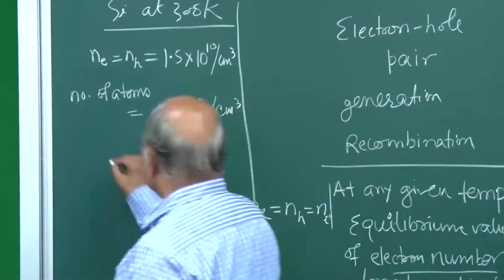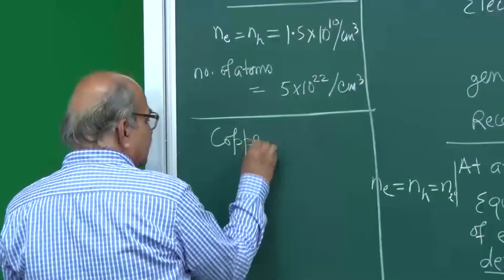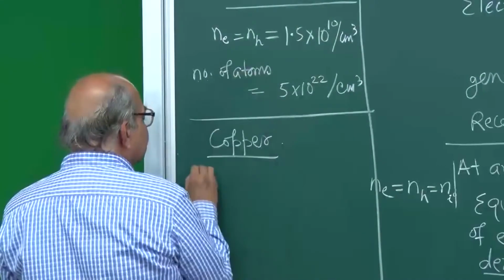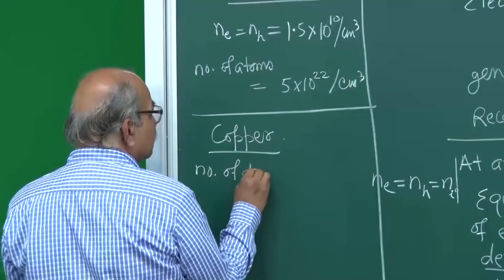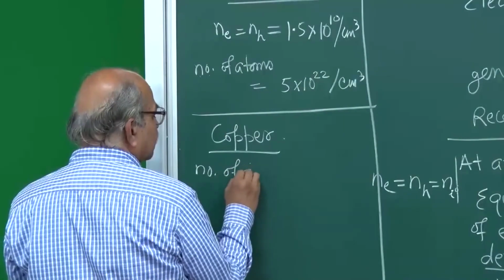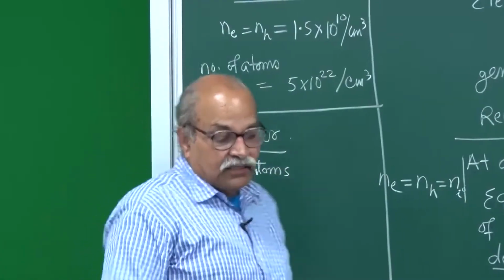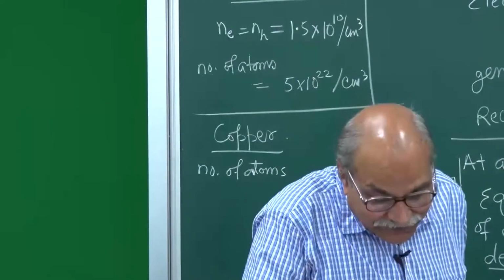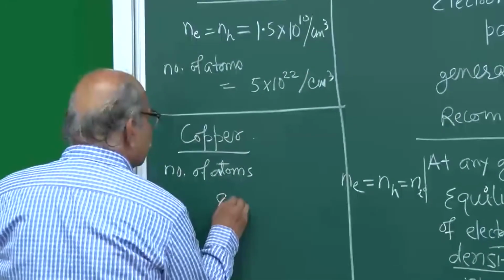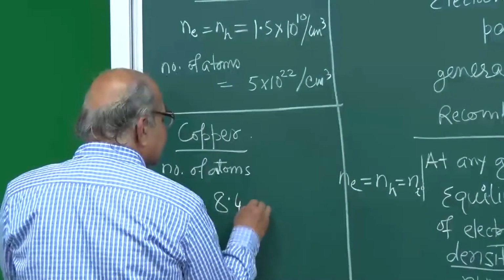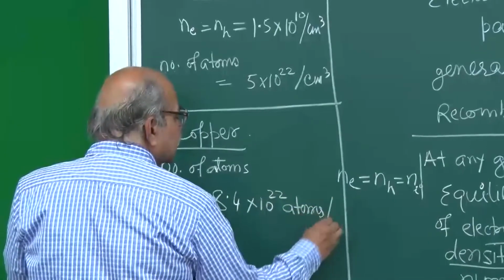But if you compare with a good conductor, let us say copper, the density of atoms, number of atoms per centimeter cube, is some 8.47 into 10 to the power 22 atoms per centimeter cube.